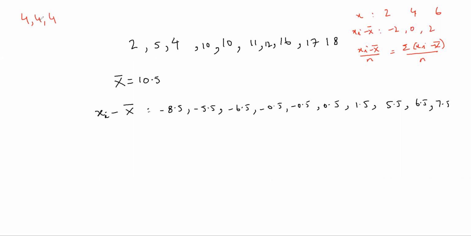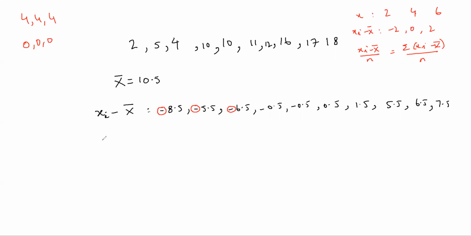Because if the mean is 4, you see that the deviations are going to be 0, 0, and 0. So the mean deviation is going to be 0. So these minuses over here are going to make this an ambiguous case. So we have to get rid of this minus over here, okay?